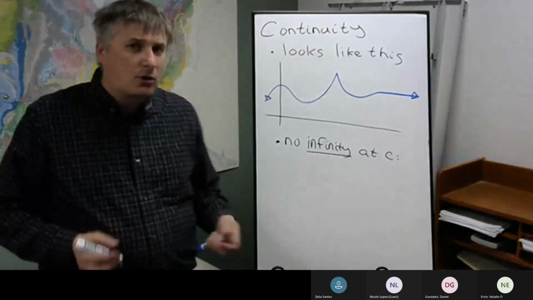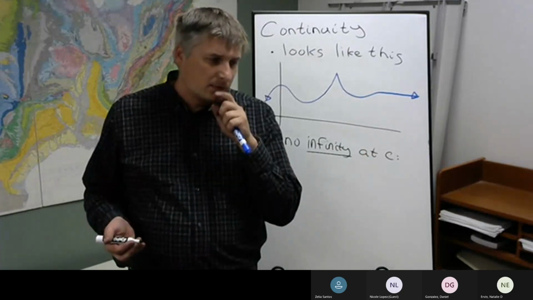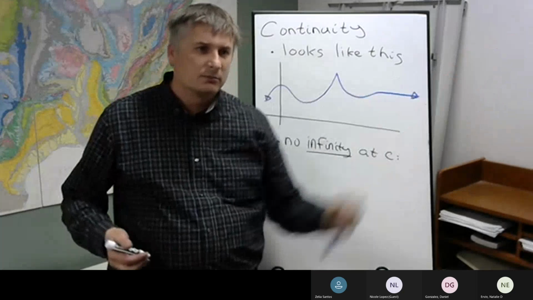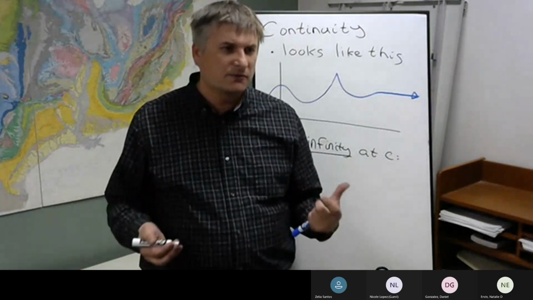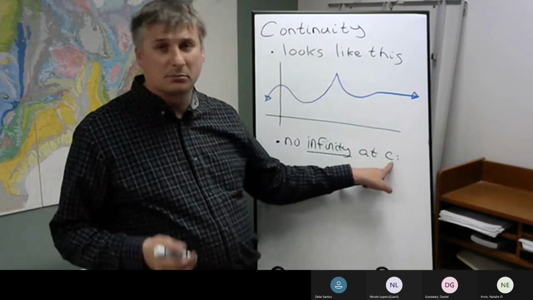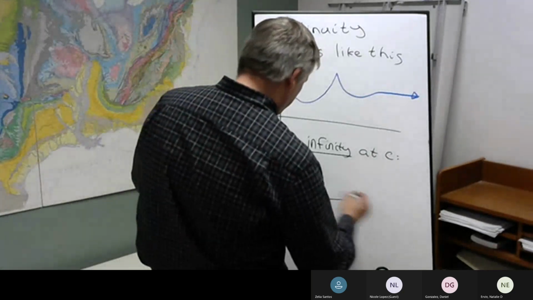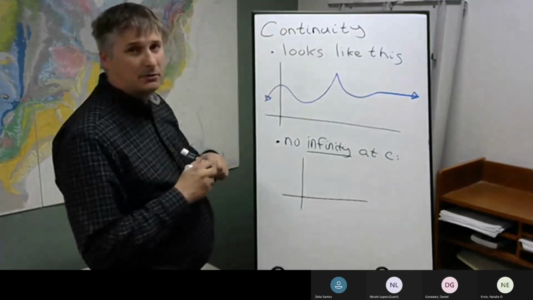Now, functions can go off to infinity and be continuous. That's fine. But what we're looking for, as these go on and on forever, is that we want to be careful of functions that reach for infinity at a particular point c. An example of what this would be is vertical asymptotes.